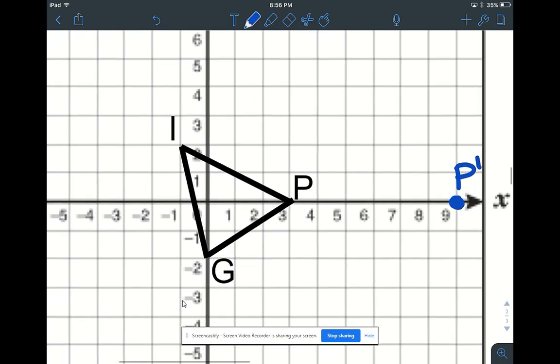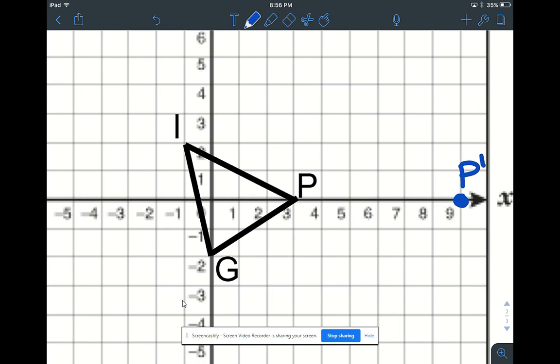All right, now we're going to look at I. So starting at the origin, do your slope. Rise 1, 2, go left 1. So we went up 2, left 1. And we have to do a scale factor of 3, so times it by 3. So I'm going to go up 6, and left 3.